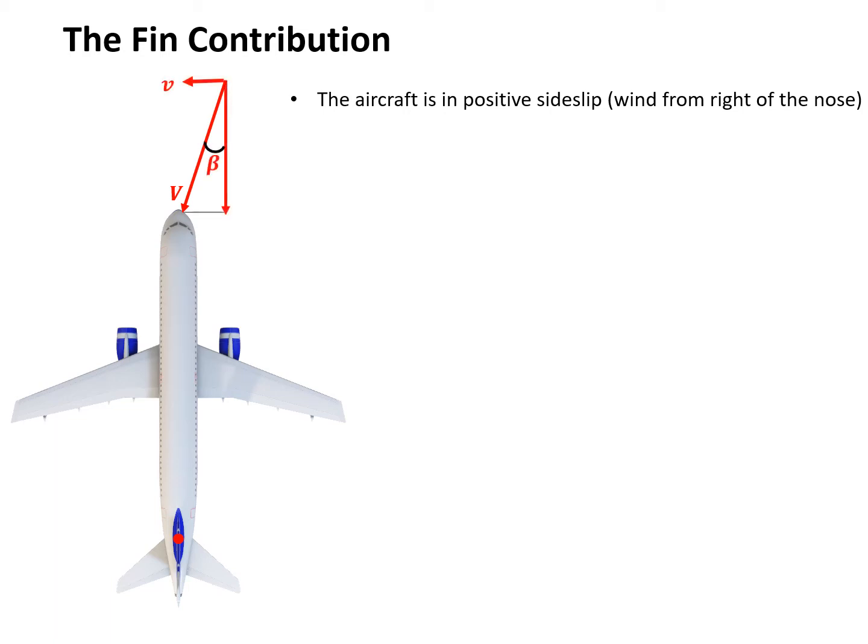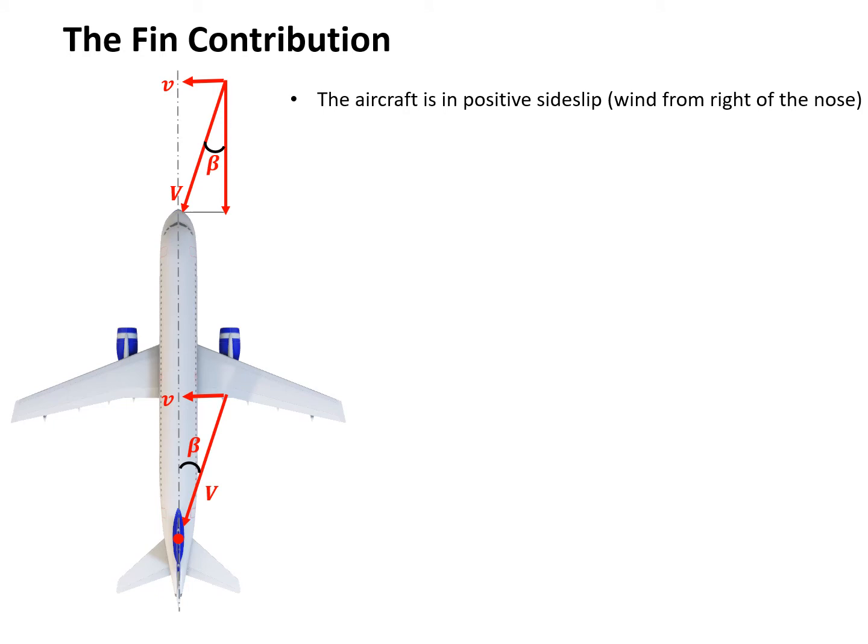Okay, and we can do the velocity decomposition, and especially we're looking at the small v because it's relative to the side force. Also we can find the side slip angle beta. And since we're looking at the fin contribution, we need to translate this velocity triangle onto the fin.